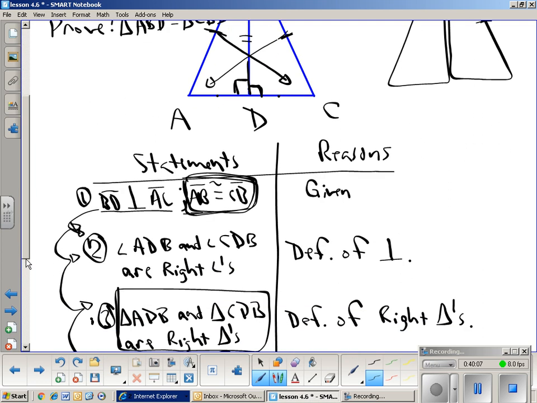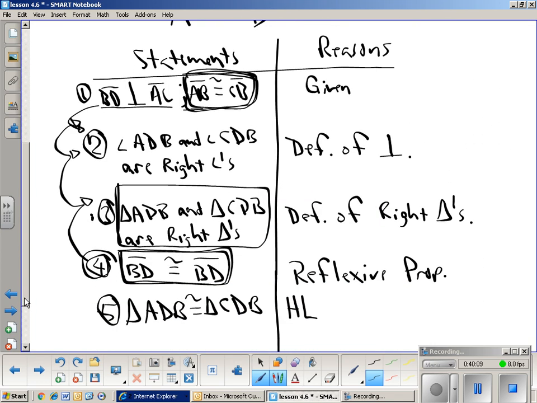But anyway, this is one way to write that proof, and it's the basic way you'd have to do it to use HL, okay? I'm not going to give you an assignment, but I want you to look at one problem for me, and you can do it with your group.